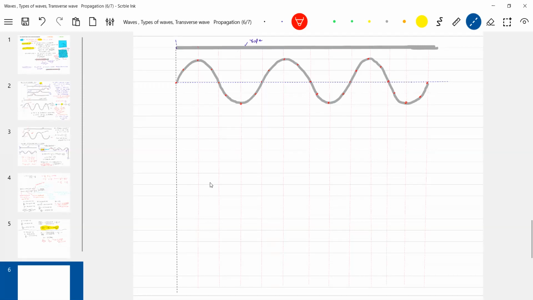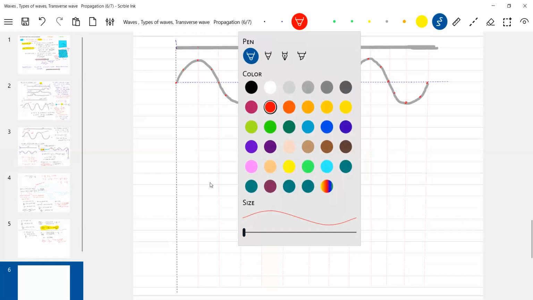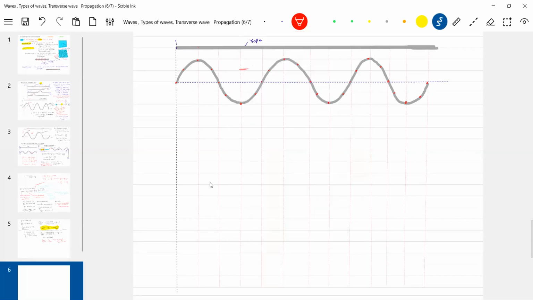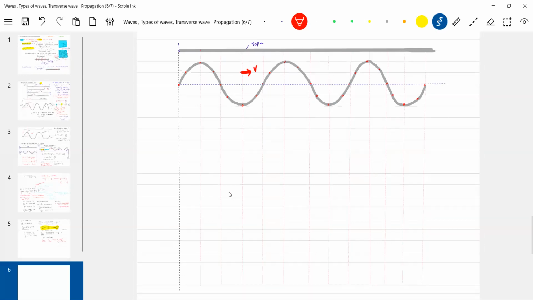Okay, these are things. So this is at how the wave is moving towards right. Let's assume that the wave is propagating towards right. How are the points on a rope moving?